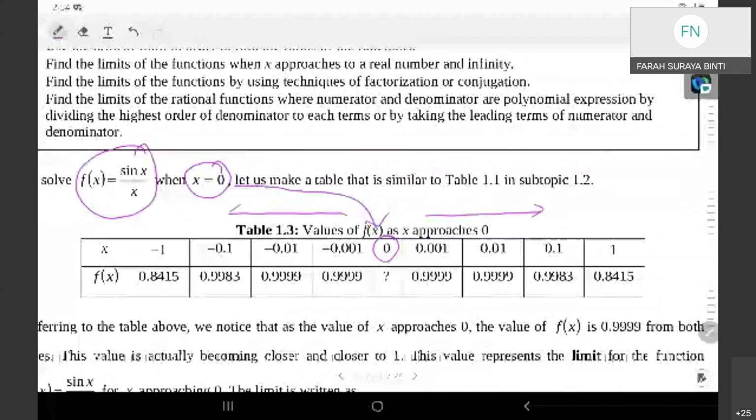Sebelah kiri kita ambil yang nombor kecil daripada kosong. Contohnya lah, nombor besar daripada kosong kita ambil 0.01, 0.1 dan 1. Tak perlu banyak lah, kita nak test je nombor-nombor ni. Okay, nombor yang kurang daripada kosong sebelah kiri. Maksudnya kita kena ambil negative numbers lah, kurang daripada kosong. Okay.